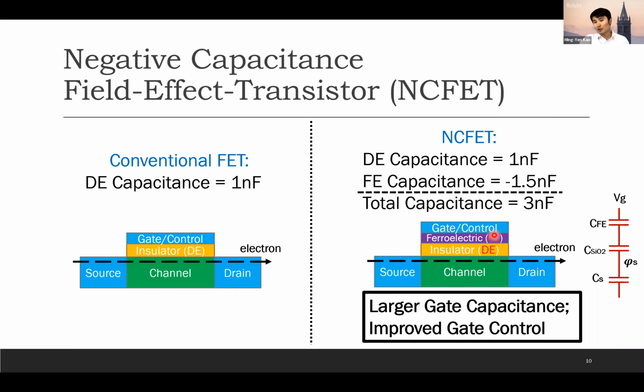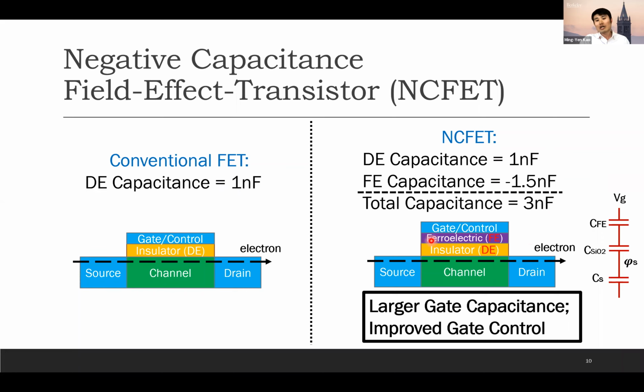I would like you to remember that Fe represents the ferroelectric and DE represents the dielectric silicon dioxide insulator. I'll use these abbreviations many times throughout this presentation. So we have the same structure and the same DE capacitance, 1 nanofarad.